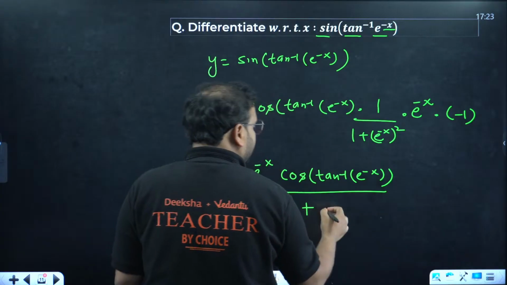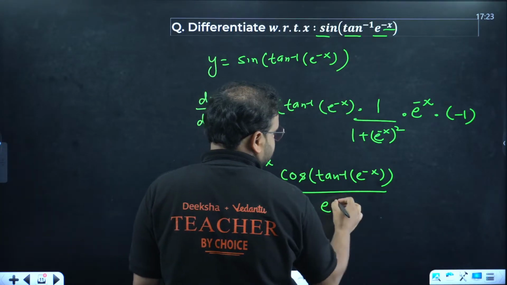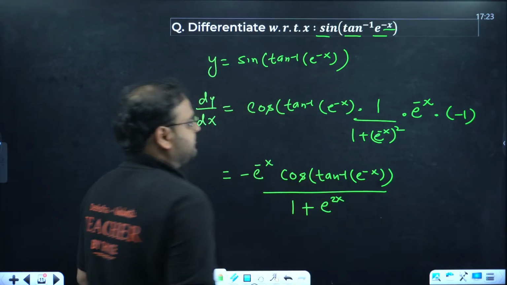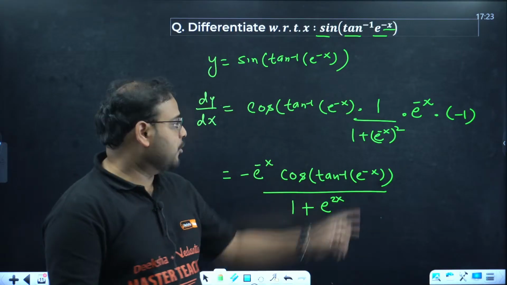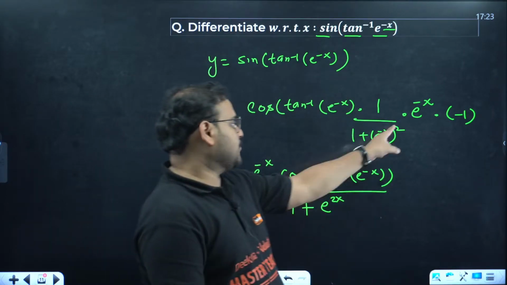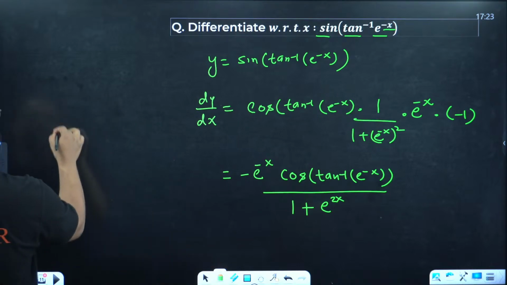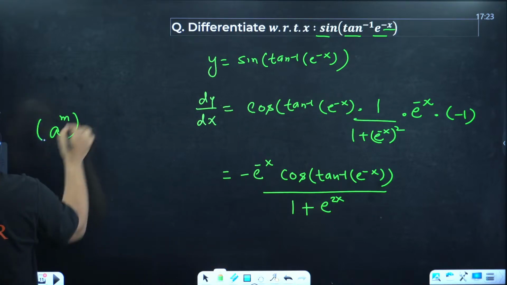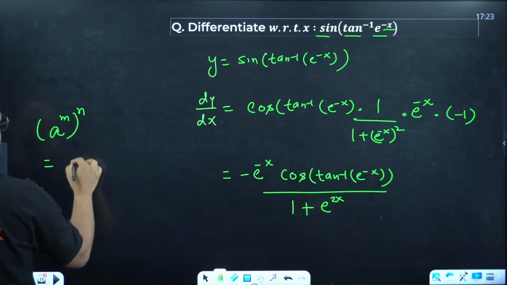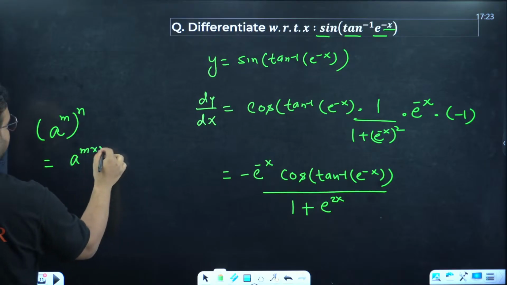How many of you even thought of writing this as positive? Whole square is there, sir. This is whole square. Becomes positive, right? Do you remember this formula? A power m power n. What is the result? A power m into n, right?